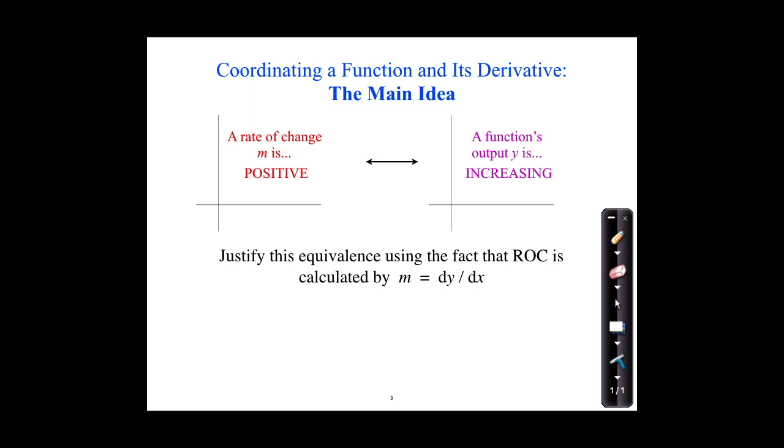It's not just notation, but we use that as a notation as well. If I've got a function that's increasing, that means as x increases, y increases, or when dx is positive, dy would be positive. And thinking about that in terms of these, if dx is positive, then dy is positive, which makes this fraction come out positive.